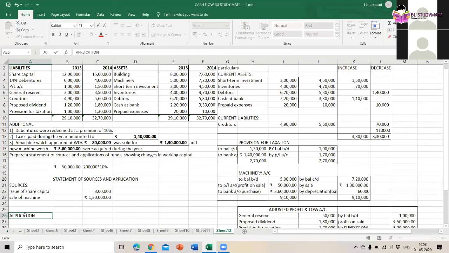In the application of funds, where all the cash fund goes out, similar to the cash flow statement where we are doing the cash from investing and financing activities. So application of funds means where all the funds are allotted. So here we need to write down first is dividend paid. In the additionals they are given.